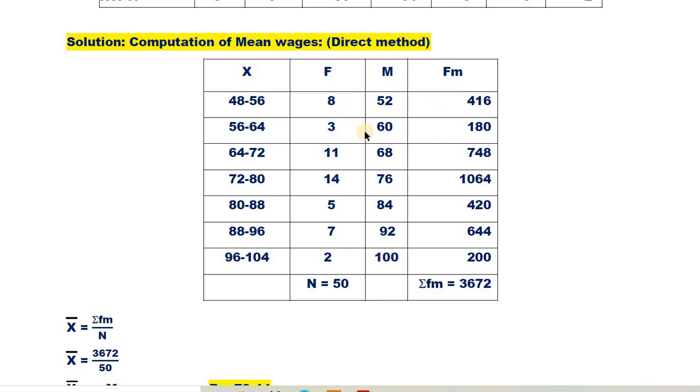8 into 52, 416; 3 into 60, 180; 11 into 68, 748; 14 into 76, 1064; 5 into 84, 420; 7 into 92, 644; 2 into 100, it's 200. If you sum up all the values in the fm column, we get sigma fm, that is 3672.